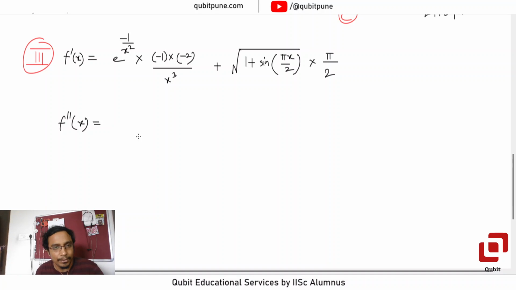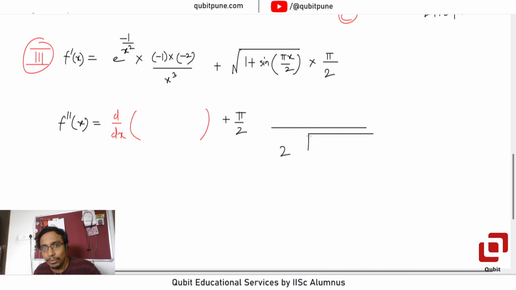I don't see any problem with this. Okay, find it. इसका देखो अभी. 1/2 root x into f dash of x.